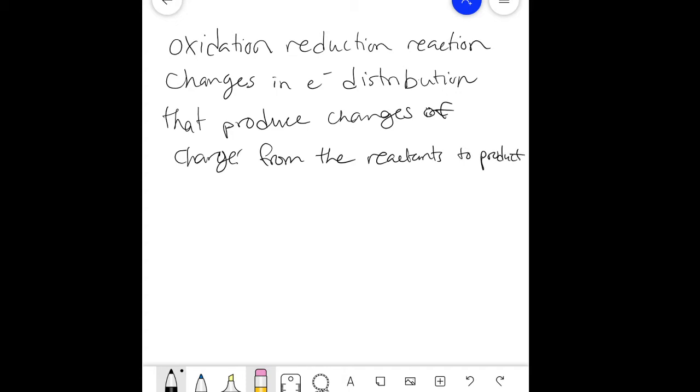So basically, when substances undergo a chemical reaction, there's reordering and combining of the elements. Sometimes elements can lose or gain electrons when they undergo this, and redox reactions just show that when it happens.